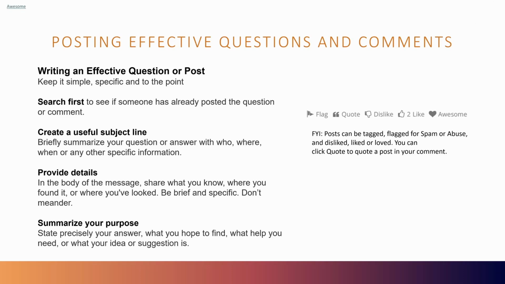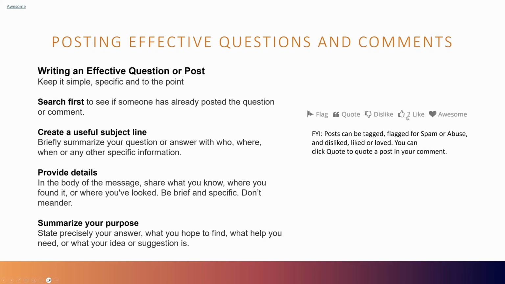You can also quote other people's posts if you click on quote in your own comment when you're commenting on it, so that people know what you're talking about. You can also dislike or like. I don't see many dislikes, and I don't think it's very nice to dislike personally, so I don't ever use it.